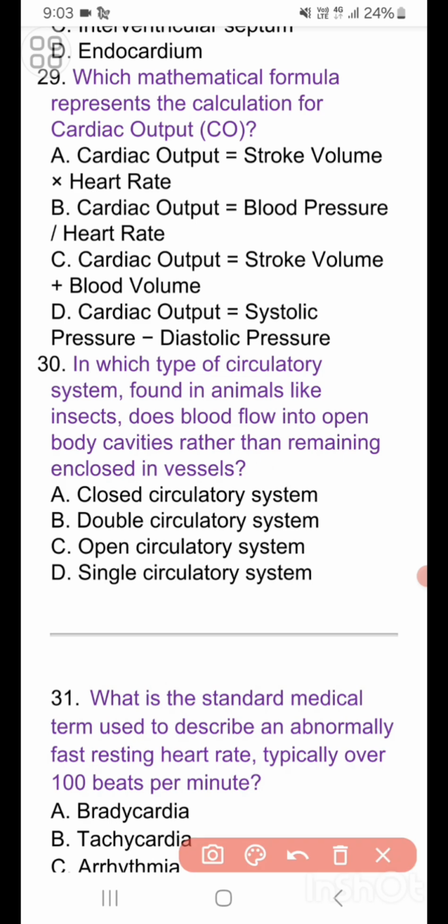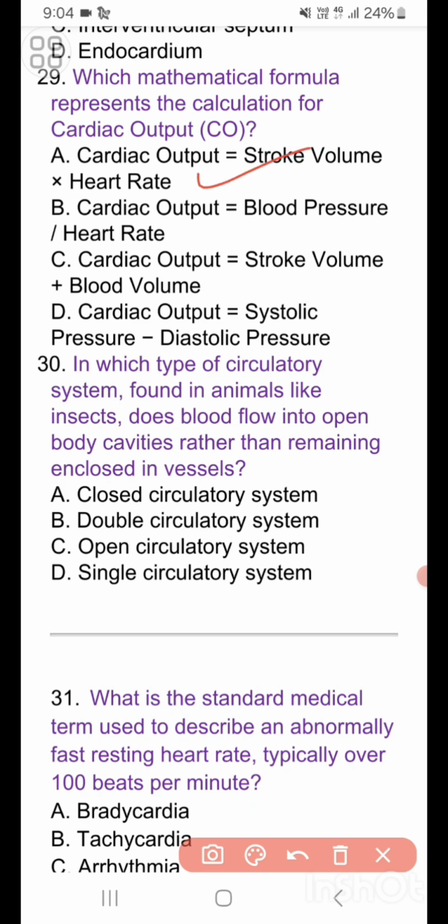Which mathematical formula represents the calculation for cardiac output? CO. Cardiac output is equal to stroke volume times heart rate.